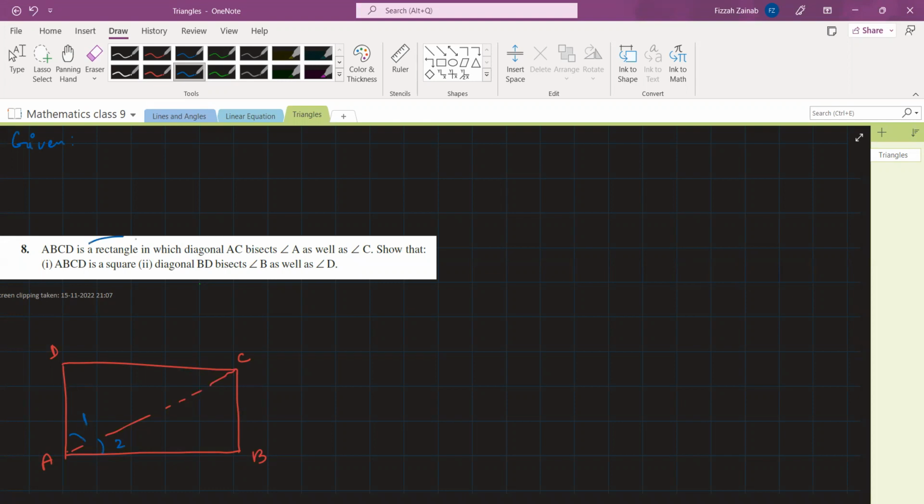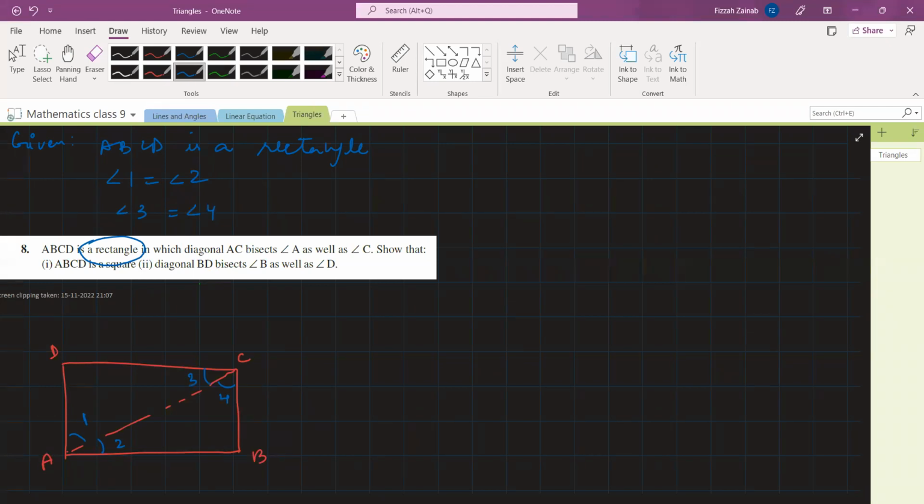So ABCD is a rectangle. So already given that ABCD is a rectangle. Angle 1 is equal to angle 2. As well as angle C. That means angle C is also bisected into two equal parts. So angle 3 is equal to angle 4.